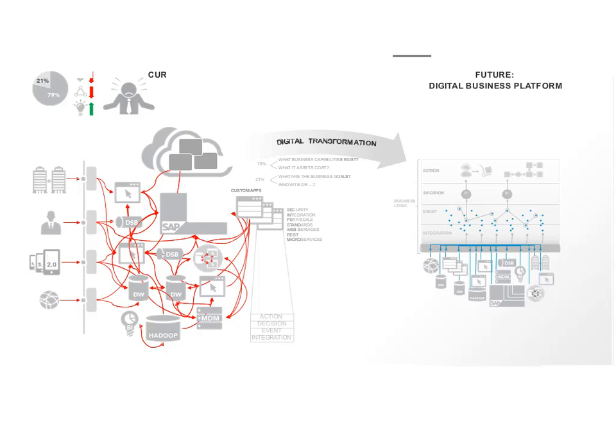Now, this is the business logic that we highlighted earlier with Hank around the key elements of action, decision, event, and integration. So now the question is, what can I now start doing with this business logic?